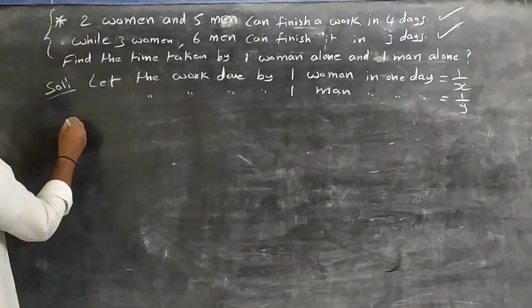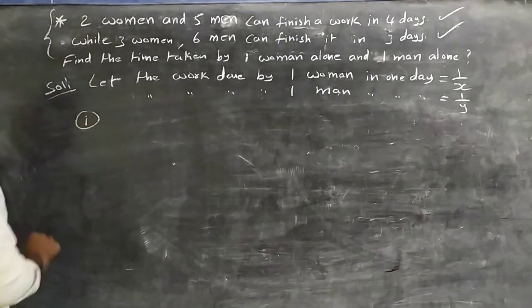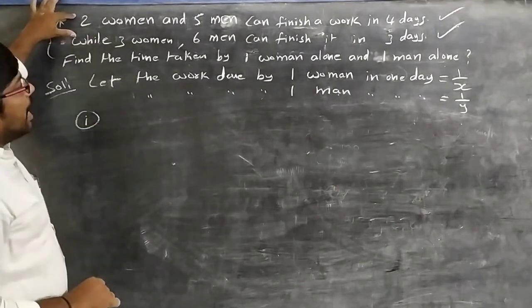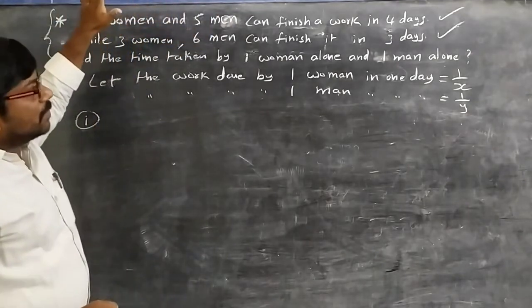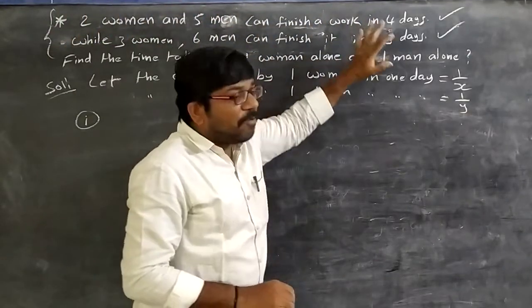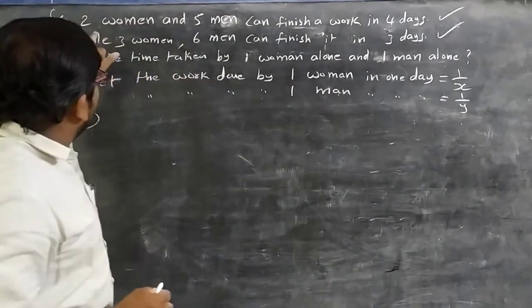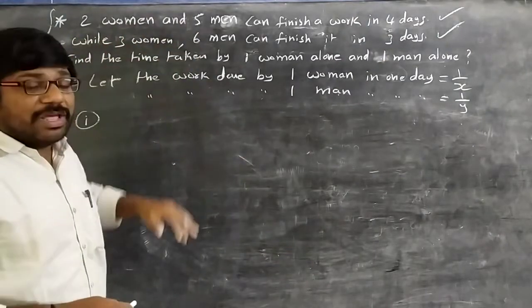See, for the first condition, according to the problem, two women and 5 men can finish the work in 4 days. Then in one day, how much portion of work is done by 2 women and 5 men?